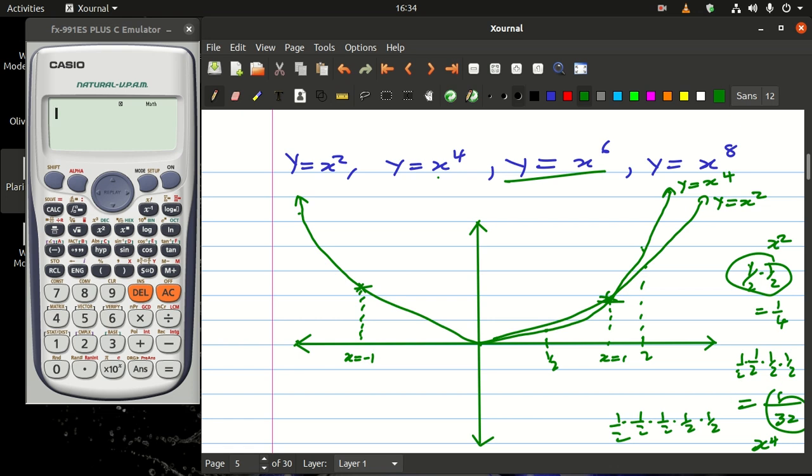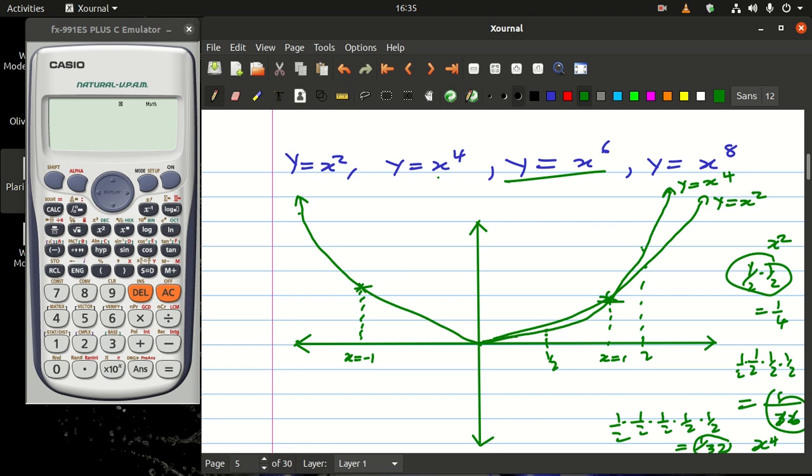So this was supposed to be 16, and then this one is going to be 1 over 32. So of course, still the same thing. 1 over 4 is bigger than 1 over 16. And now here we have 1 over 32. 1 over 32 is less than 1 over 16. So 1 over 32 is always below here.